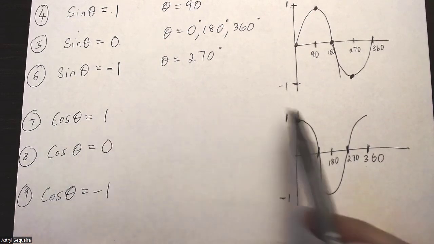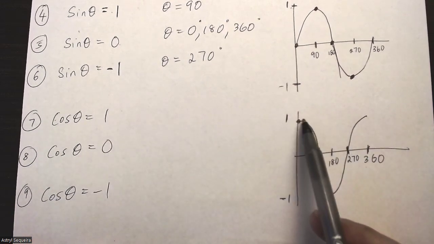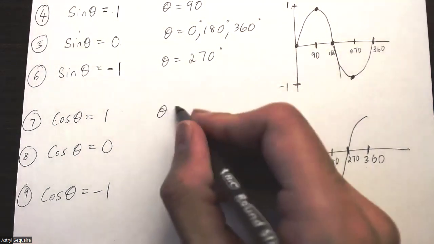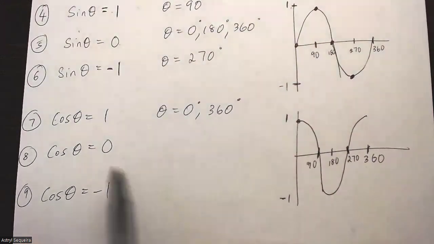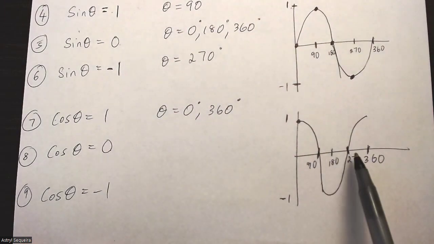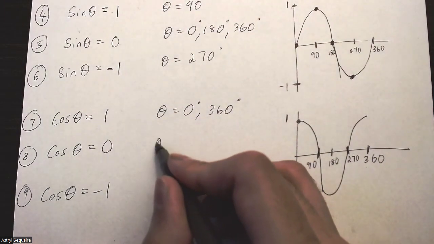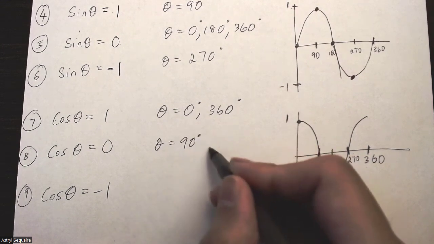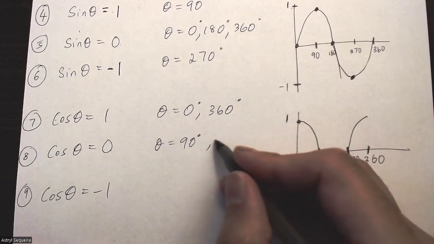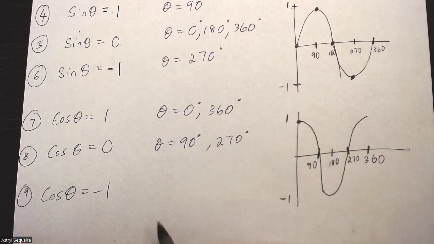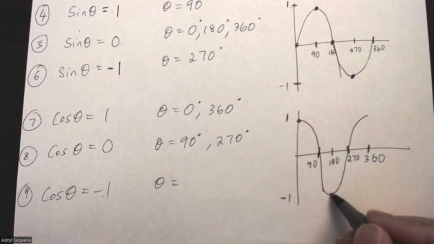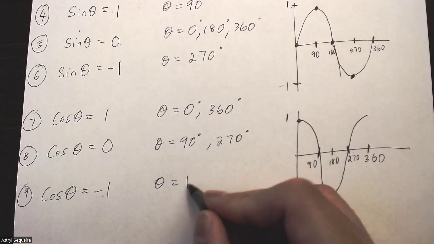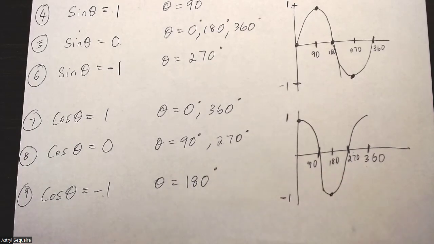So for cos theta equals 1, I have two solutions, 0 and 360 degrees. For cos theta equals 0, again, I have two solutions, which are 90 degrees and 270 degrees. For cos theta equals -1, I only have one solution down here, which is 180 degrees.